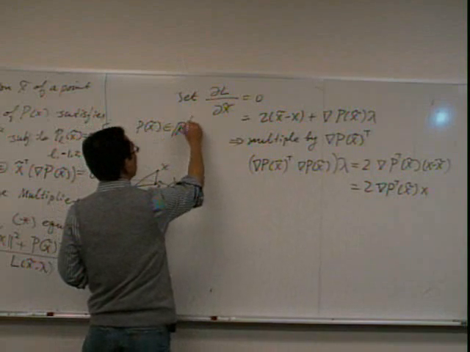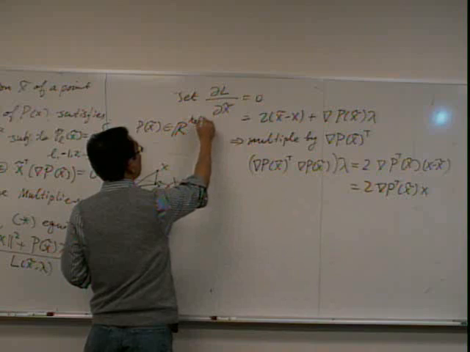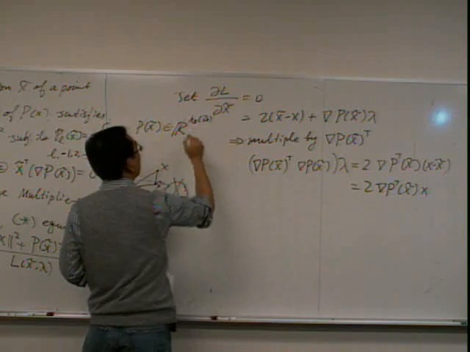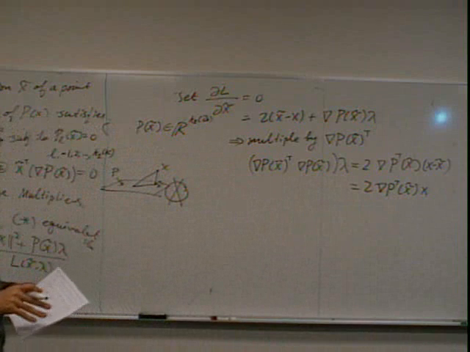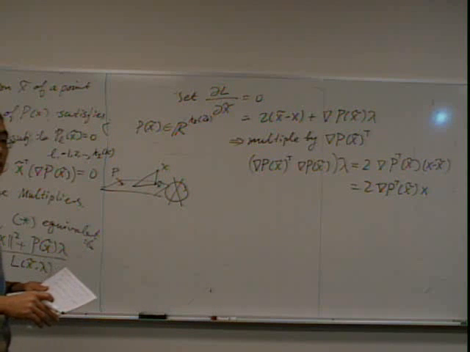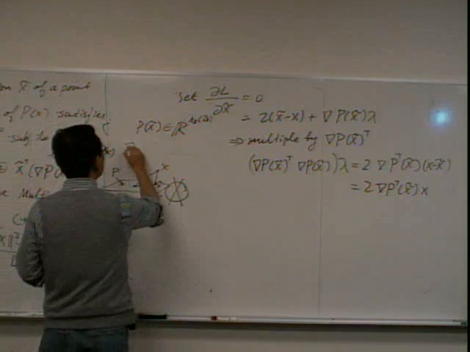This one is this one, right? That's how many vanishing polynomials you have. So what's the dimension for the derivative of P?